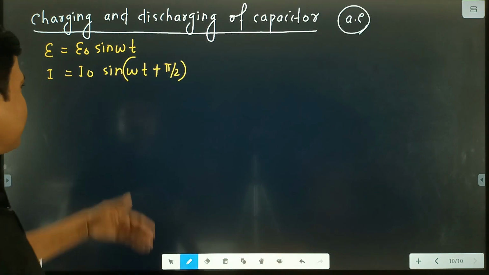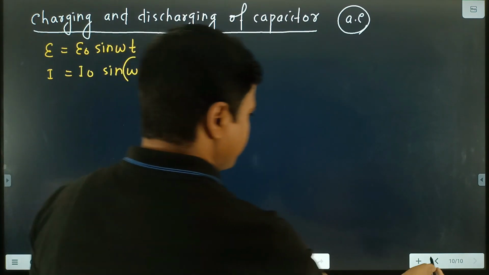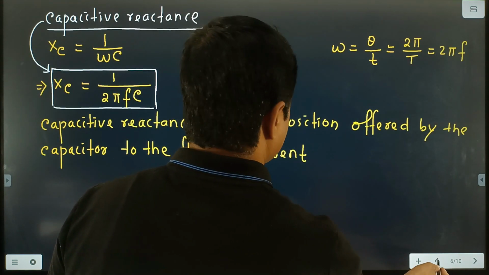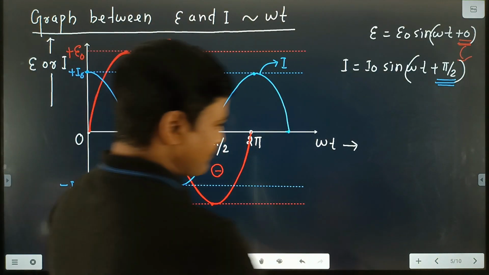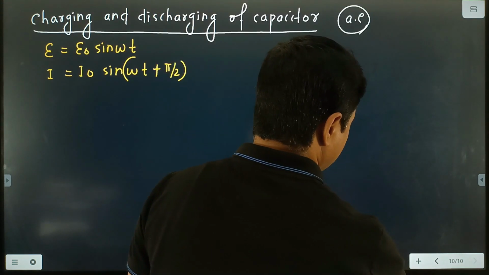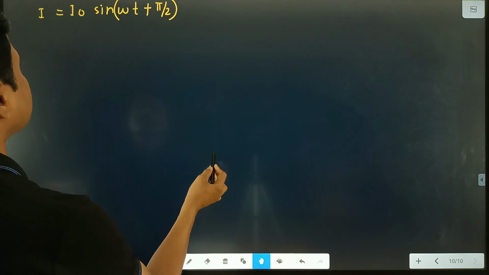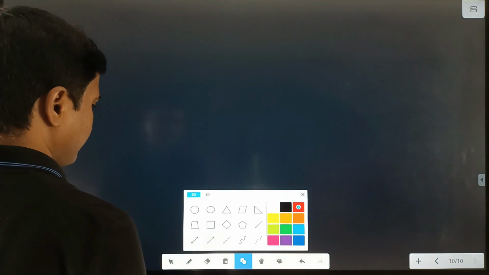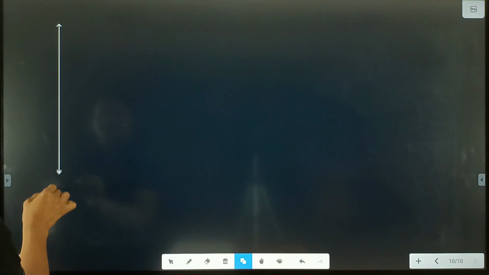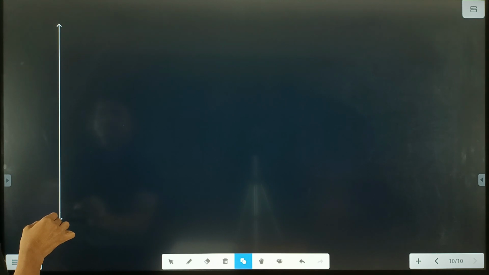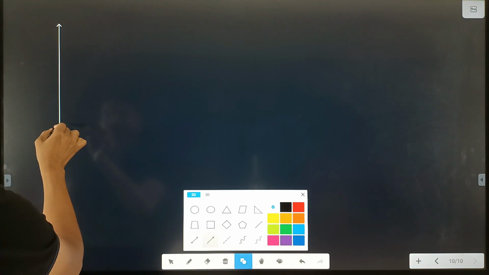We also draw the graph of voltage and current versus omega t, this one. Now we draw the same graph here. Suppose this one is the y axis and we take another axis.